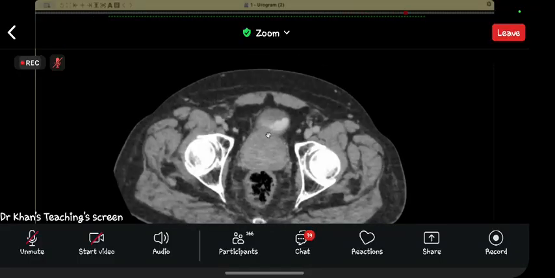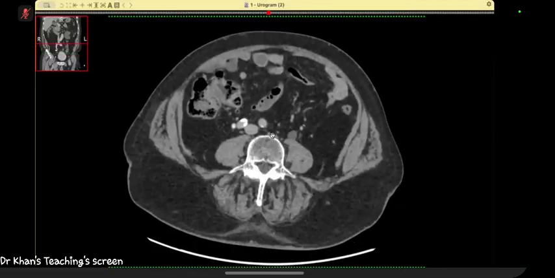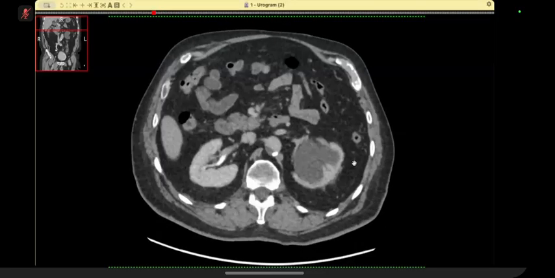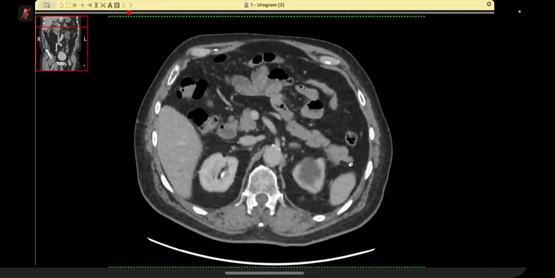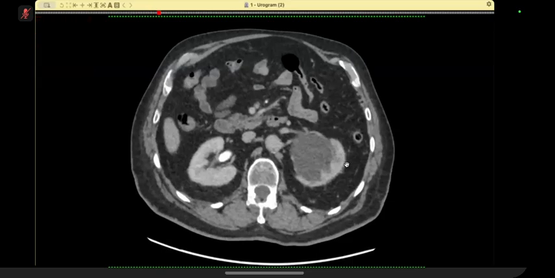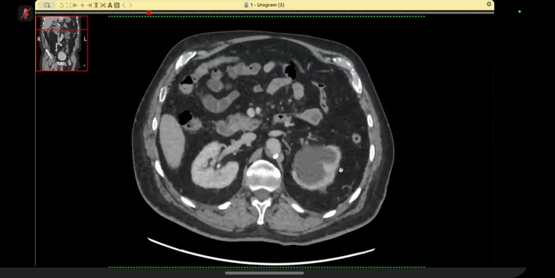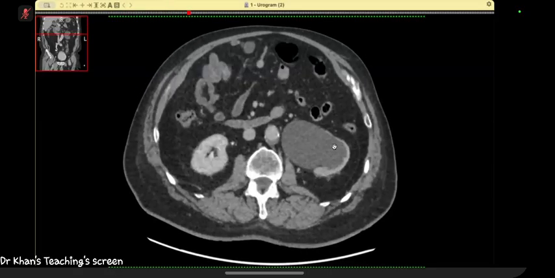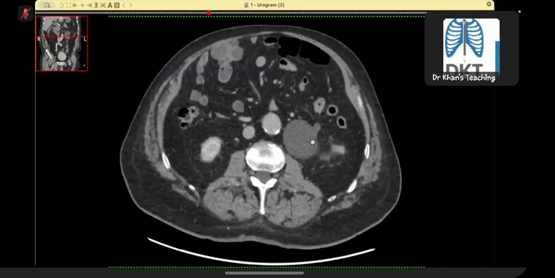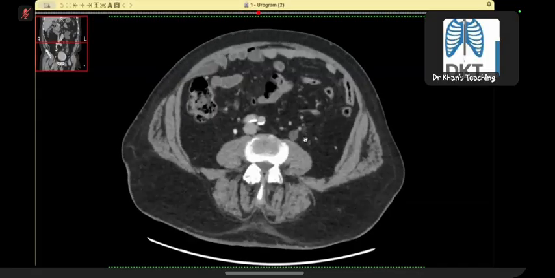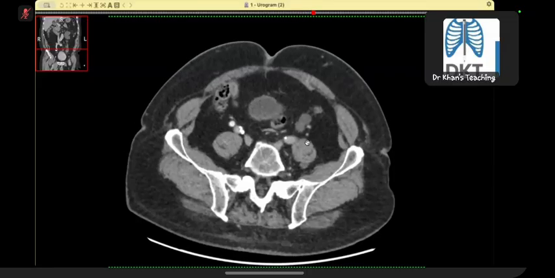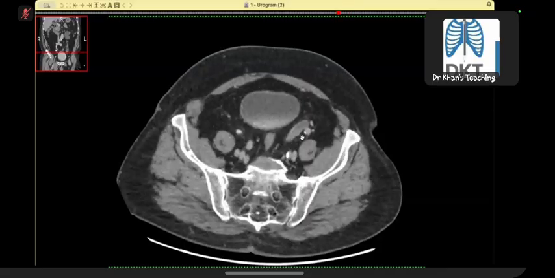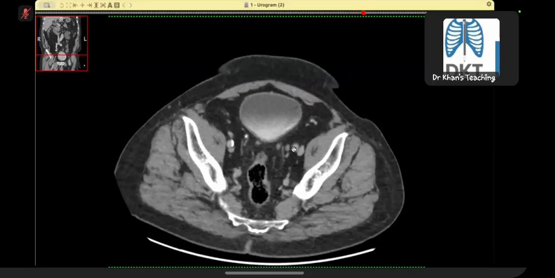Now, first of all, go back to the basics. Look at this kidney. The kidney parenchyma is atrophic, with cortical thinning, and it is still enhancing, which means it is not completely dysfunctional, but there is gross hydronephrosis. This is a tortuous ureter, and as we go distally, you can see this. This is where you mentioned that it is enhancing.